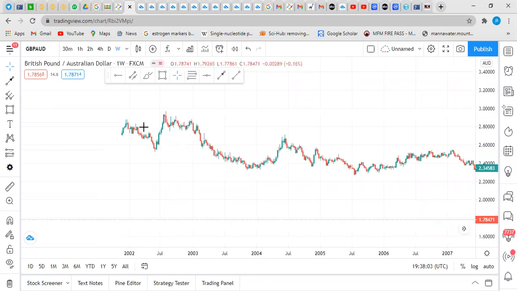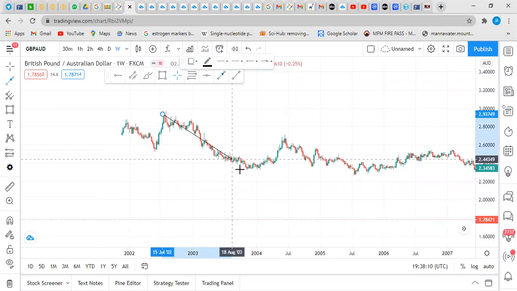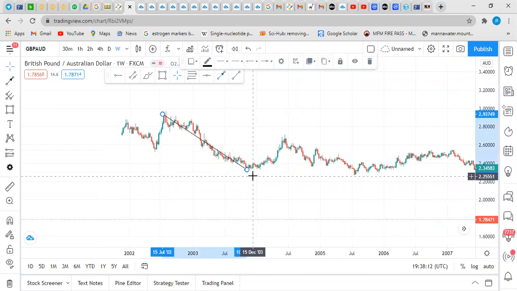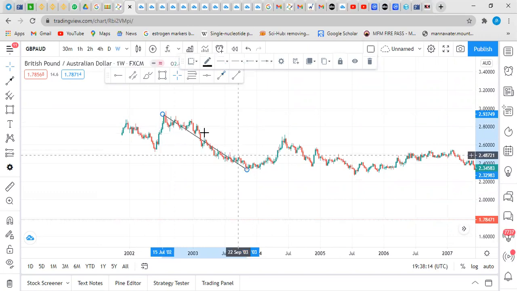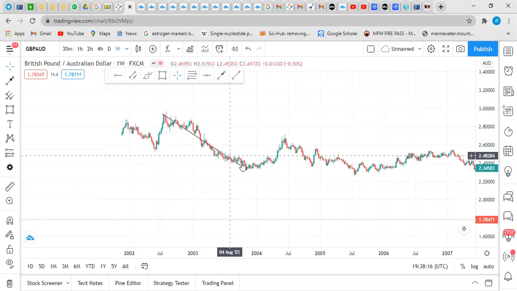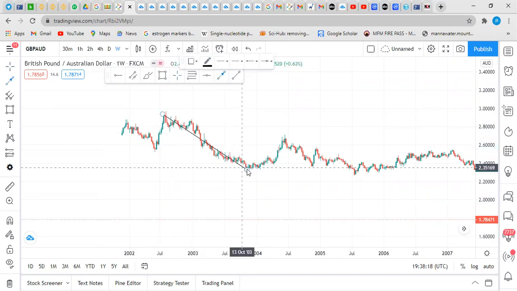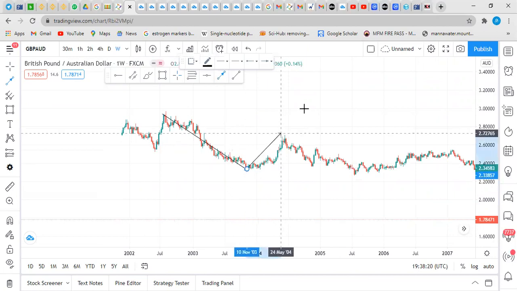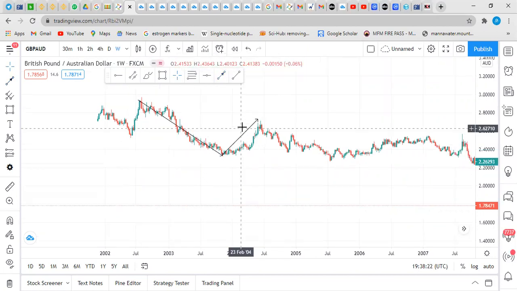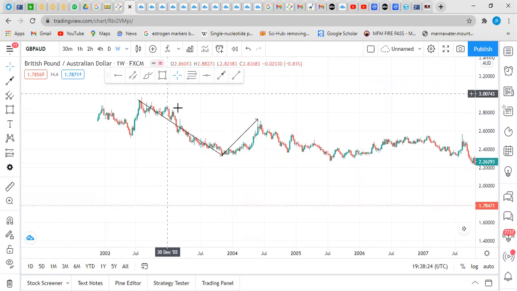So if you check well, this was an impulsive move. This was an impulsive move. So this will be considered as a movement, and this was a corrective move. A corrective move. So it's very important to take note of that.